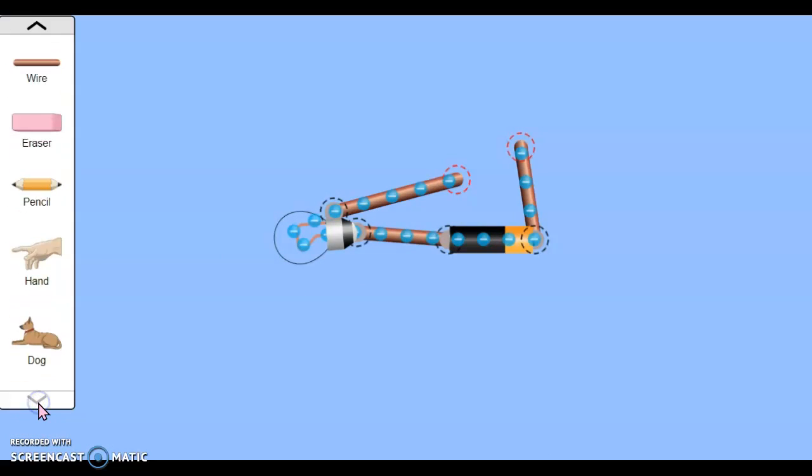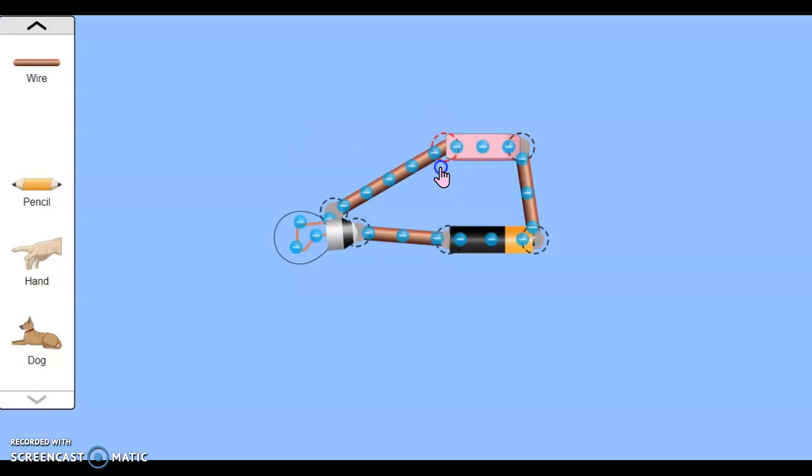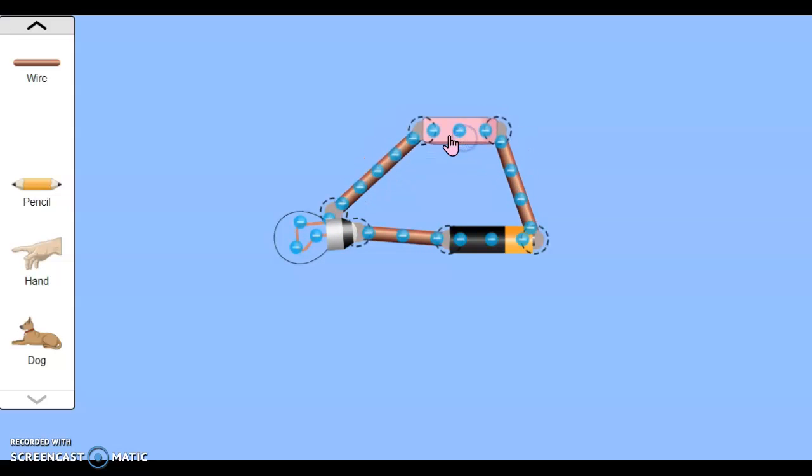Let's try another one here. How about our eraser? Is our eraser a conductor or an insulator? Look, it's not lighting. There's no movement of electrons, so our eraser is an insulator. So what can you infer now, or how will you know if the object is a conductor or an insulator?